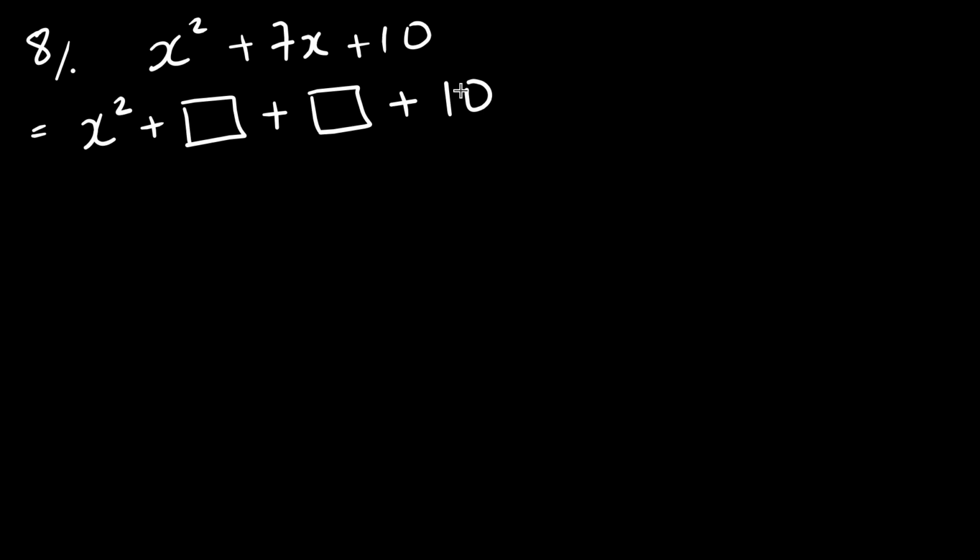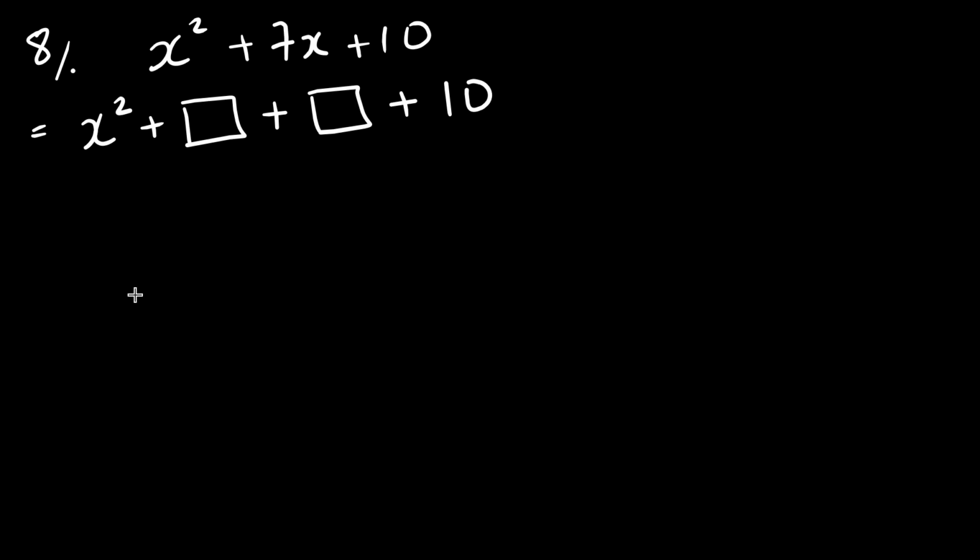This is the heavy lifting. And again, for it to factorize by grouping, these terms must have something in common with 10 and x squared, but they must add to 7x. Why? Because we don't want to change the value of our quadratic. If it adds to 7x, kosher, good, we're almost there, but it also has to have something in common with both 10 and x squared, our first and our last terms.